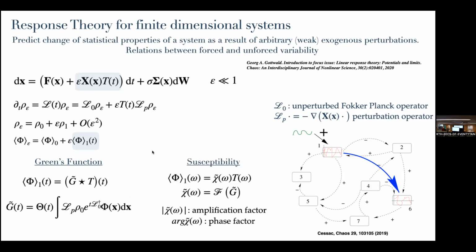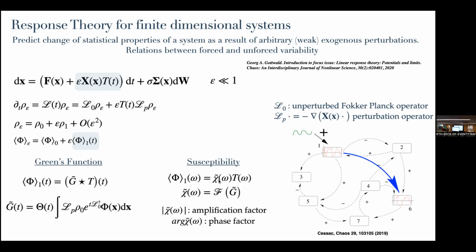But rather than looking in time, one usually introduces a susceptibility, which basically is just looking at the response of the system in frequency space. And it's very easy to see by taking the Fourier transform of the previous equation that the response of any observable at frequency omega is basically the time modulation at frequency omega modified by the susceptibility of the system.